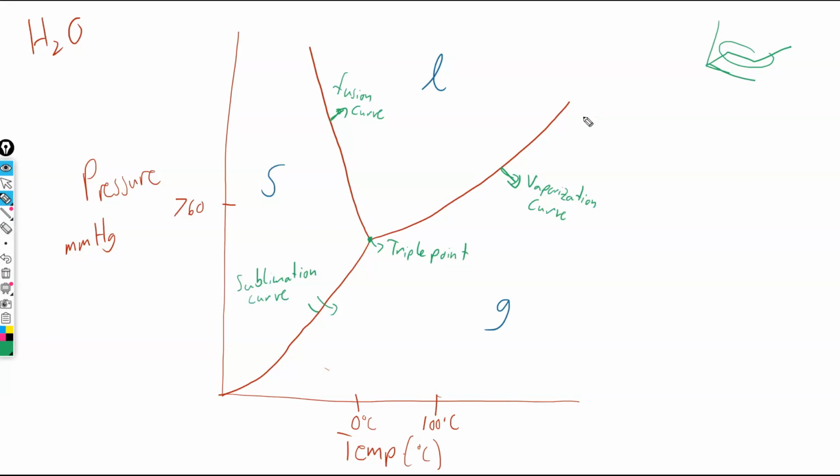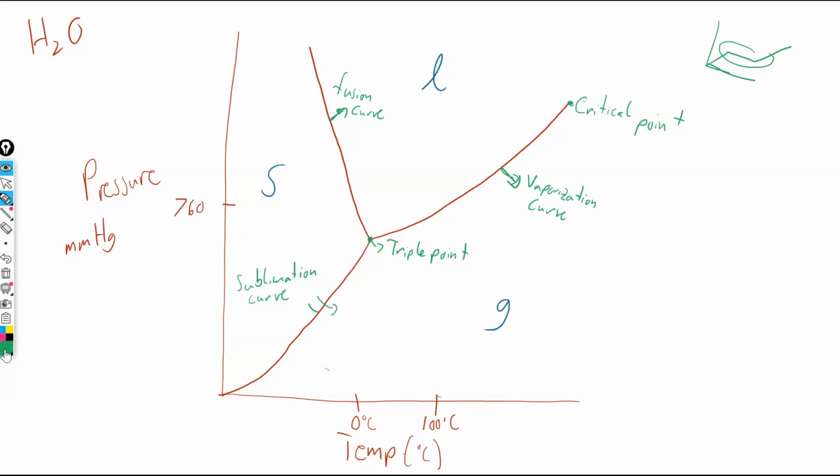The last point that we'll talk about on this curve is basically where the vaporization line ends, because it does actually end. Okay? And this is called the critical point. And what the critical point means is this represents the temperature and the pressure above which a supercritical fluid exists.